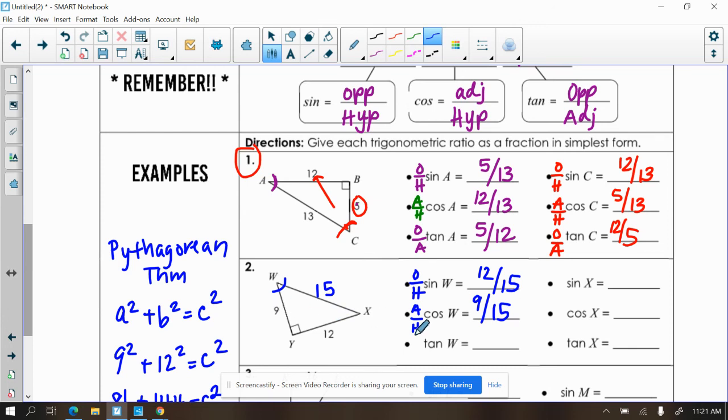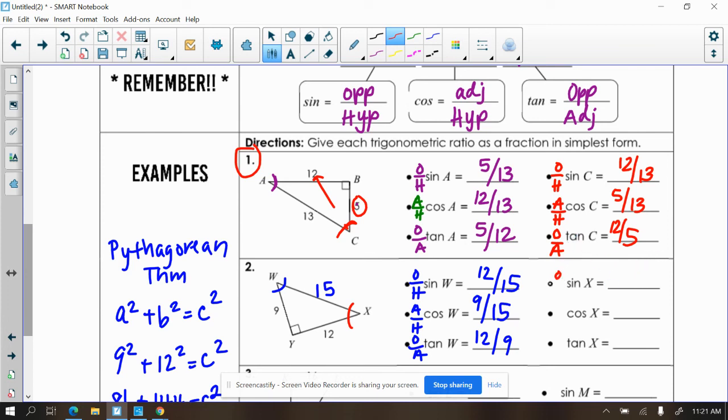Tangent, opposite over adjacent. So 12 over 9. Okay, so take a moment to write down. Let's try these 3. Why don't you try these 3 on your own? Pause the video. And then once you have them written down, press play again, and then you can check them.